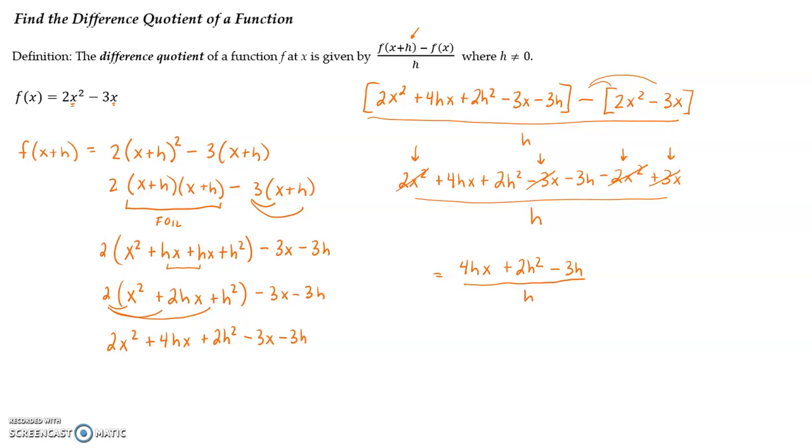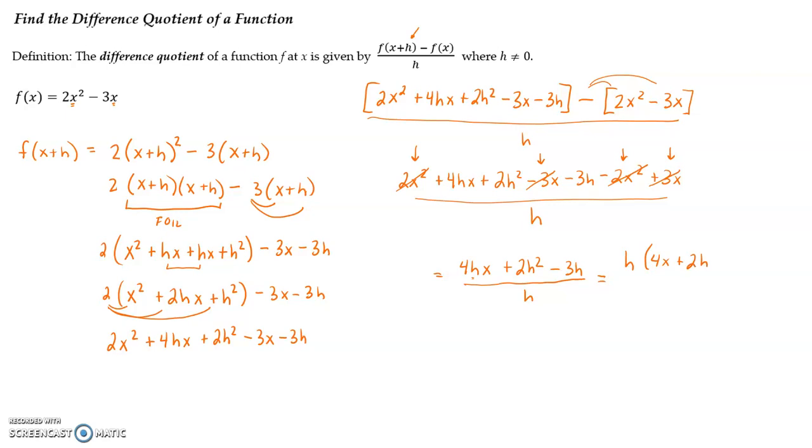And you'll notice that when we're looking at our numerator here, there's an h in each of those terms up on top. So let's go ahead and factor that out. If we take this h out of the first term, then we're going to be left with a 4x. If we take an h out of that middle term, we're going to have a positive 2h.